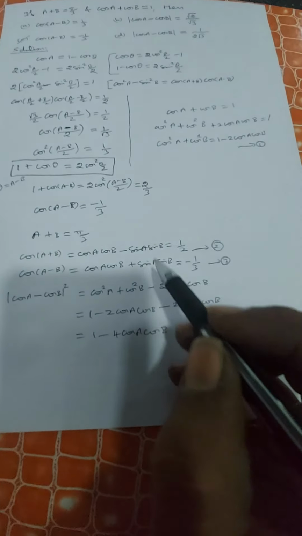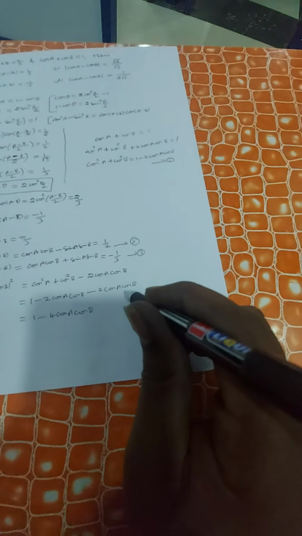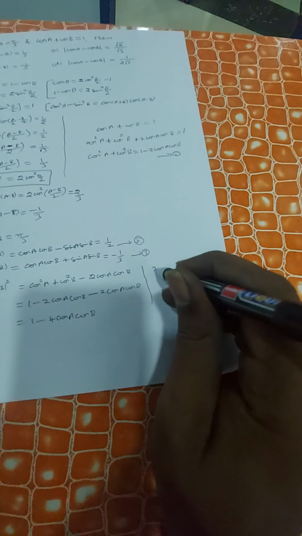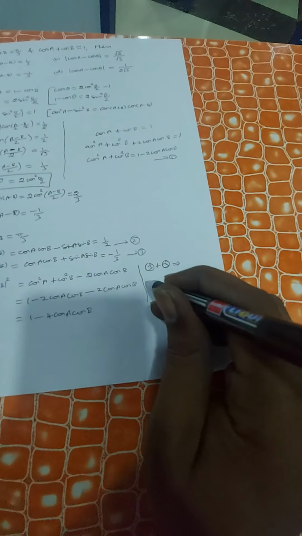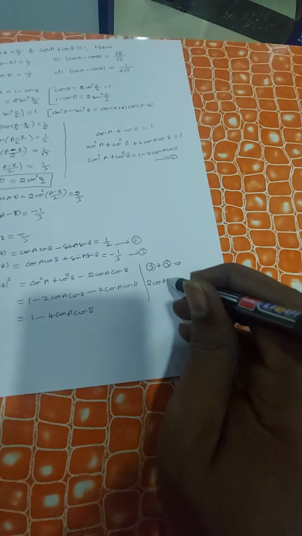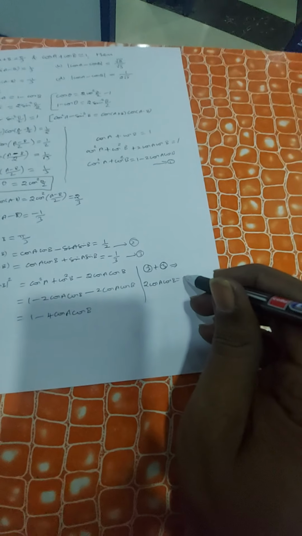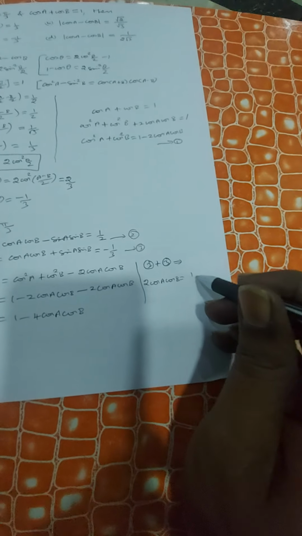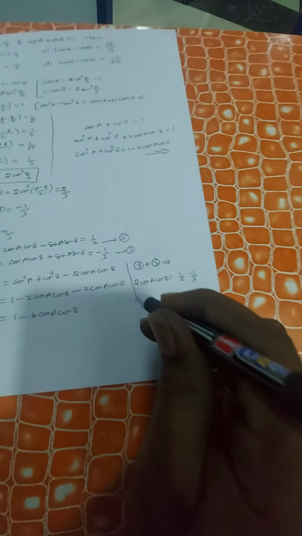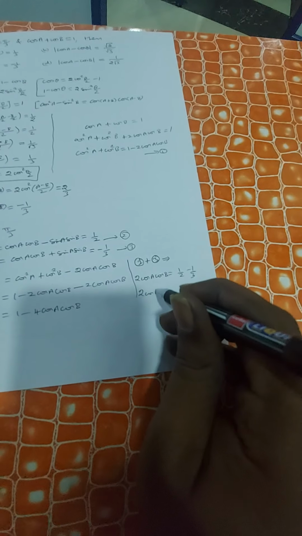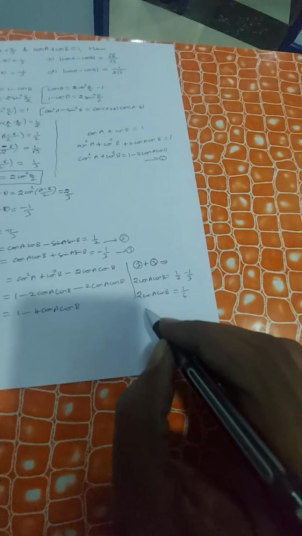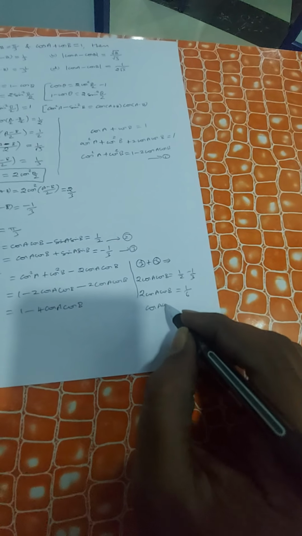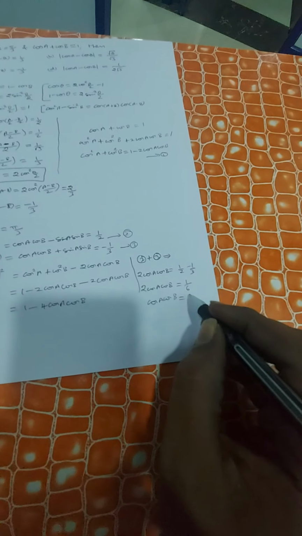These two terms will get cancelled. So equation 2 plus 3 implies 2 cos A cos B equal to 1 by 2 minus 1 by 3, 2 cos A cos B equal to 1 by 6. Cos A cos B equal to 1 by 12.